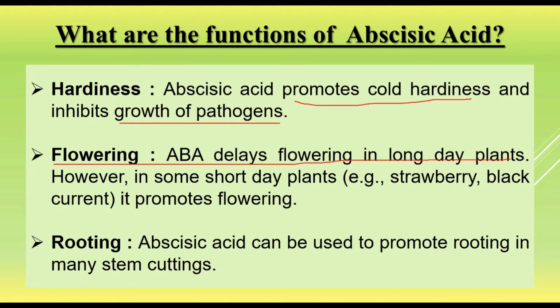As the environment is unfavorable, abscisic acid does not allow flowering, because following flowering there will be fruit formation and seed formation. So it is not allowed. Abscisic acid can be used to promote rooting in many stem cuttings.